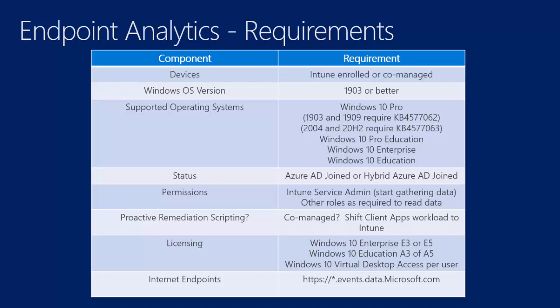So when you think about endpoints, the question might come to you, as I had from one customer, when the data comes from endpoint analytics, is it sent directly to the internet or is it somehow routed differently? And the answer is it totally depends on how you're doing this.